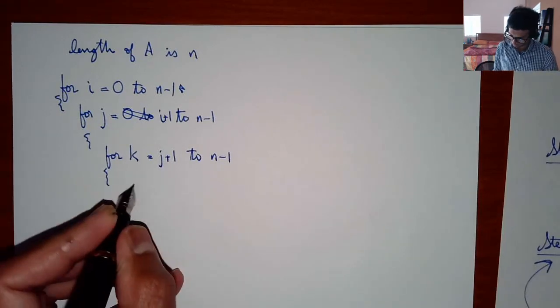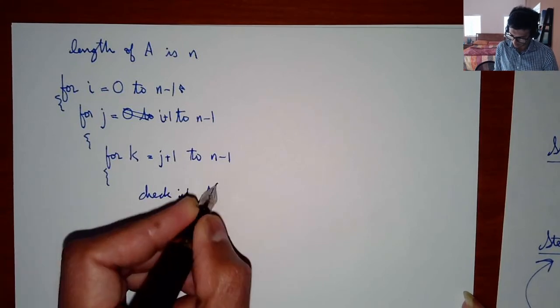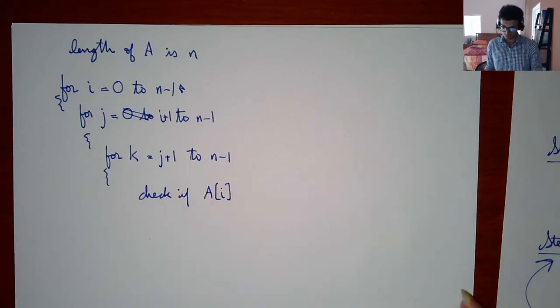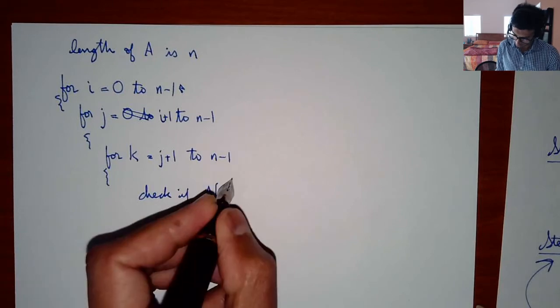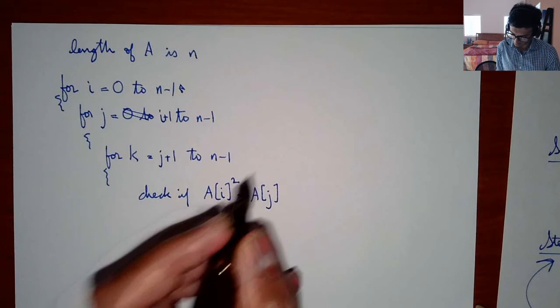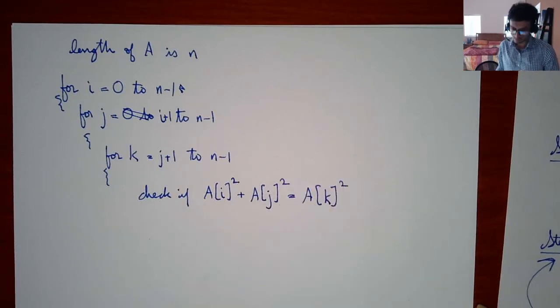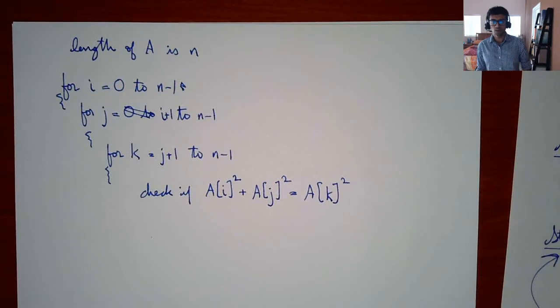Simple. You can just say check if ai squared plus aj squared equal to ak squared. Right, this would be the simple way to do it.